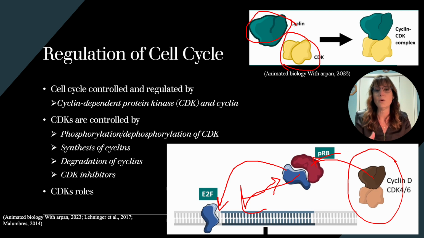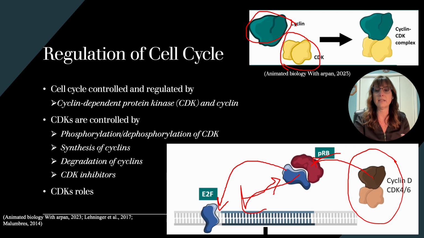So synthesis will not occur because the PRB isn't going to unbind from E2F. And if E2F can't do its job, synthesis can't occur. Now, sometimes the cell will just go into G0 and stay paused for a little bit while the DNA gets repaired and fixed so it can be replicated. Other times, P53 can cause apoptosis or cell death.